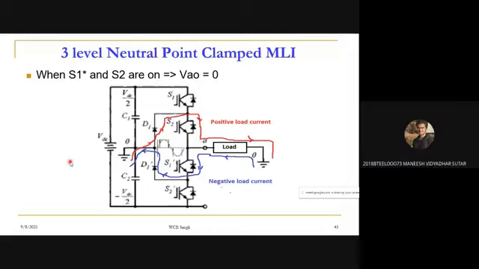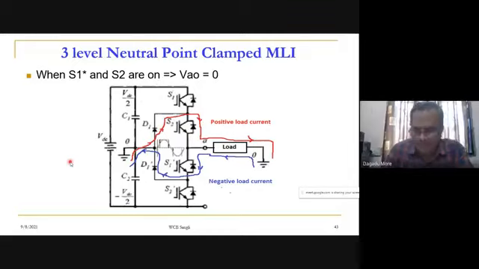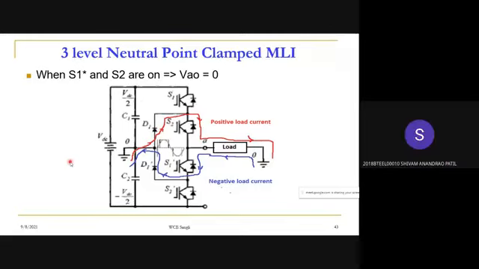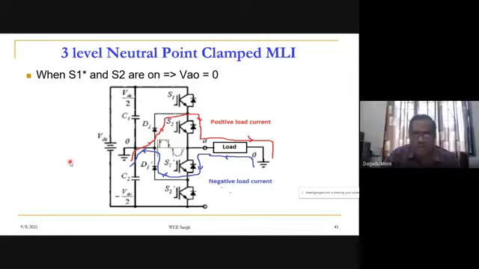Yes, sir. Can you operate a 3-level or 5-level multi-level inverter as a 2-level inverter? Yes, sir. We can just neglect the third operation, the zero condition. In the case of 3-level, we can go for plus VDC and minus VDC only.